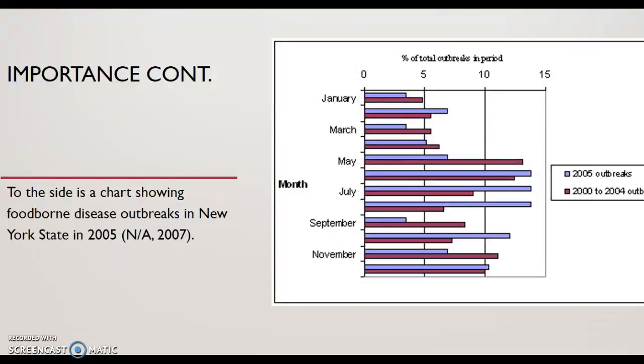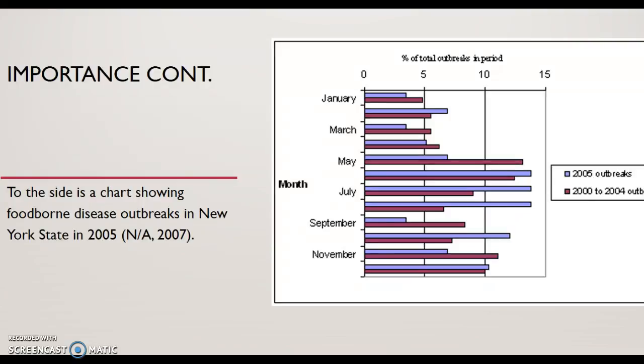My next slide is importance continued. The chart to the right is a graph showing January, March, May, July, September, November. 2005 is in the light purple. 2004 is in the more magenta color. It is a foodborne disease outbreak in New York City in 2005.